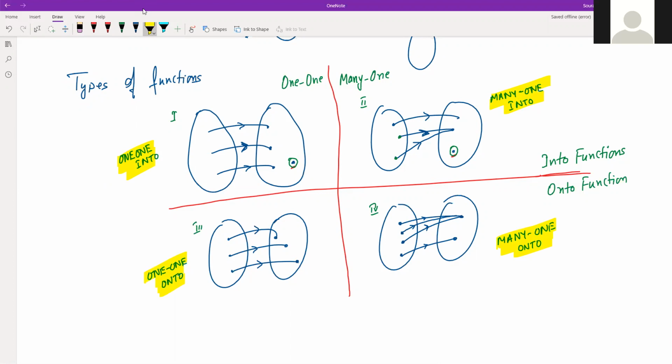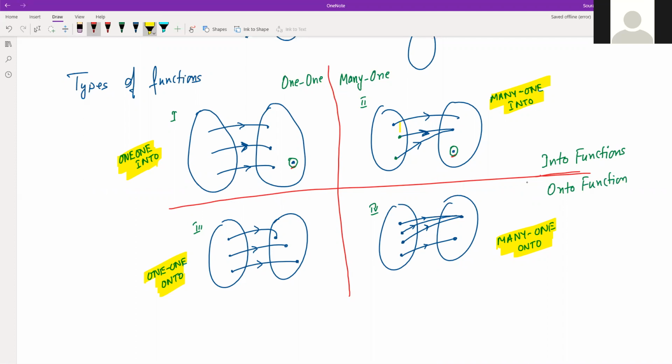Now why is this important? This is important to understand the next concept, which is the concept of inverse functions. So here you can see yourself, if the mapping is reversed, that is right now we are having from left to right, if we have from right to left, then which inverse mapping is a function?